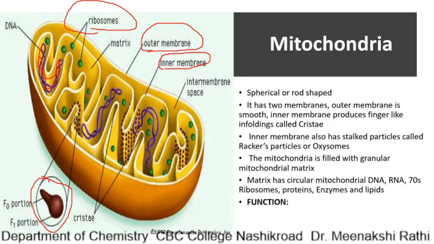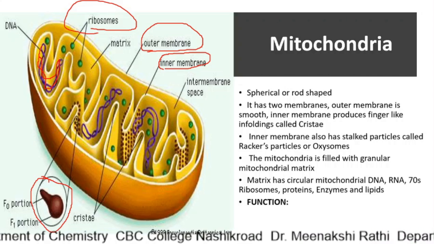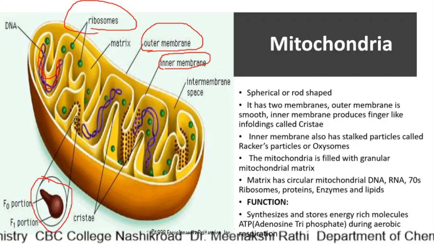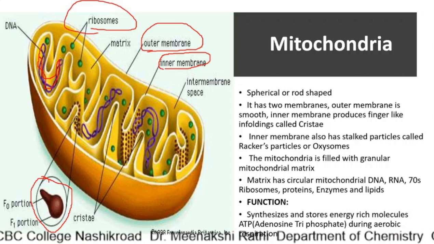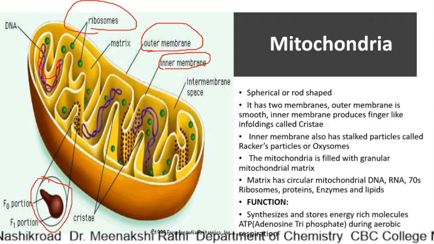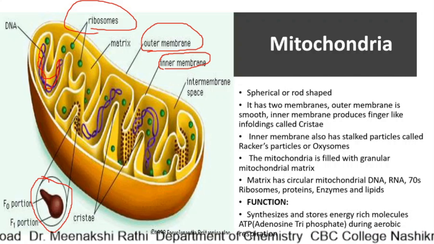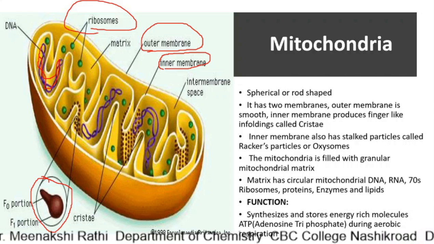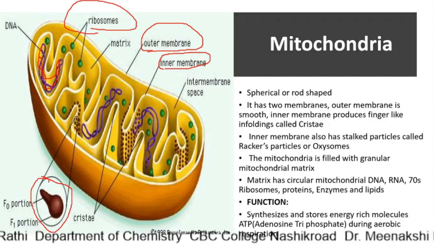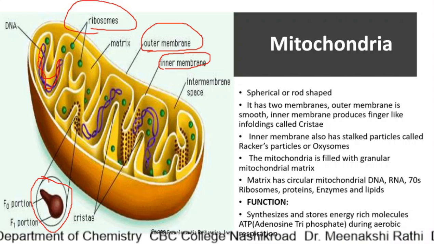Function. Mitochondria have two important functions. First, they are the sites of cell respiration. The oxidation of carbohydrates, lipids, proteins occurs in mitochondria. They supply energy to the various processes of the cell in the form of ATP.